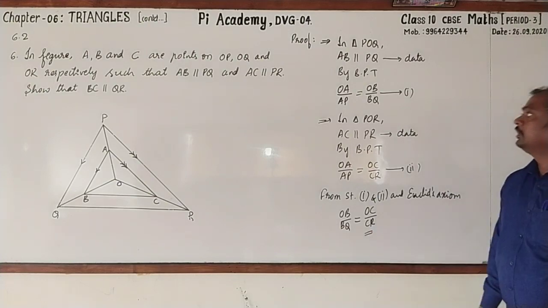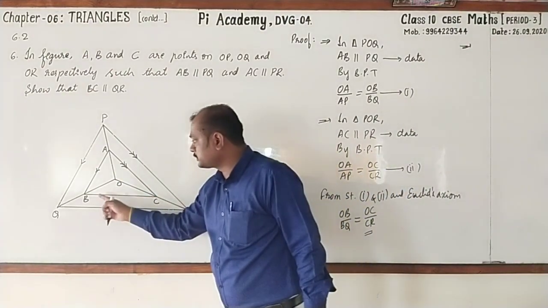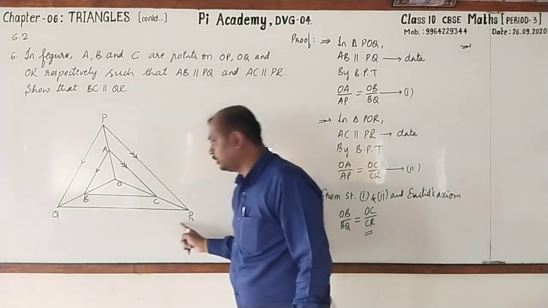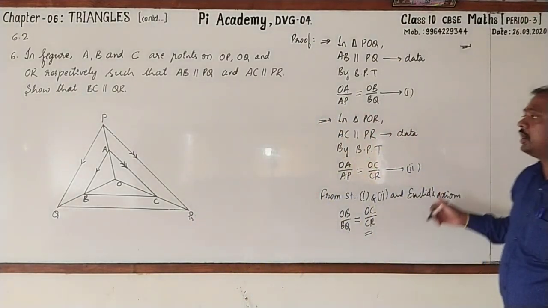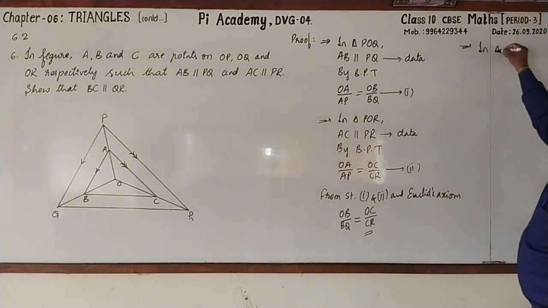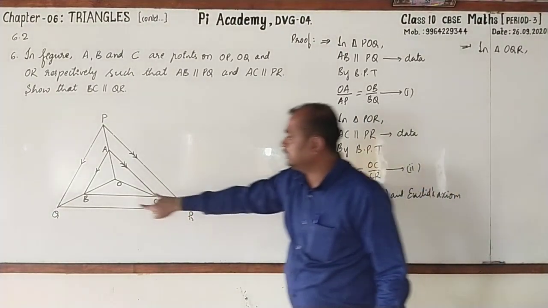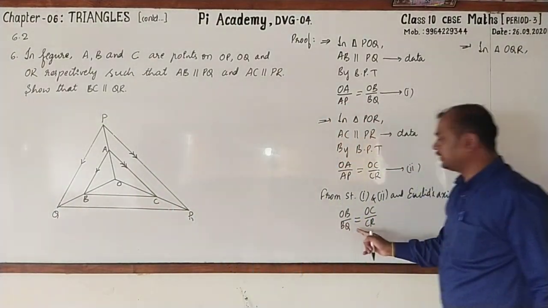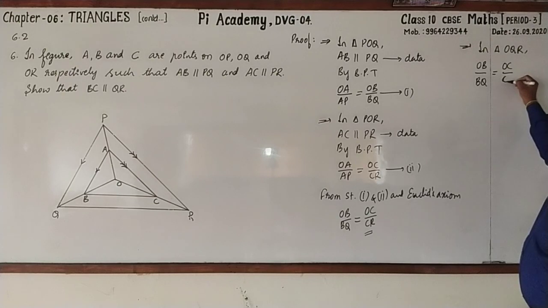Followed? Next, as we are going to prove BC parallel to QR, let me take the triangle OQR. In triangle OQR, see, these two ratios are equal. We have just proved that. That is OB by BQ is equal to OC by CR.